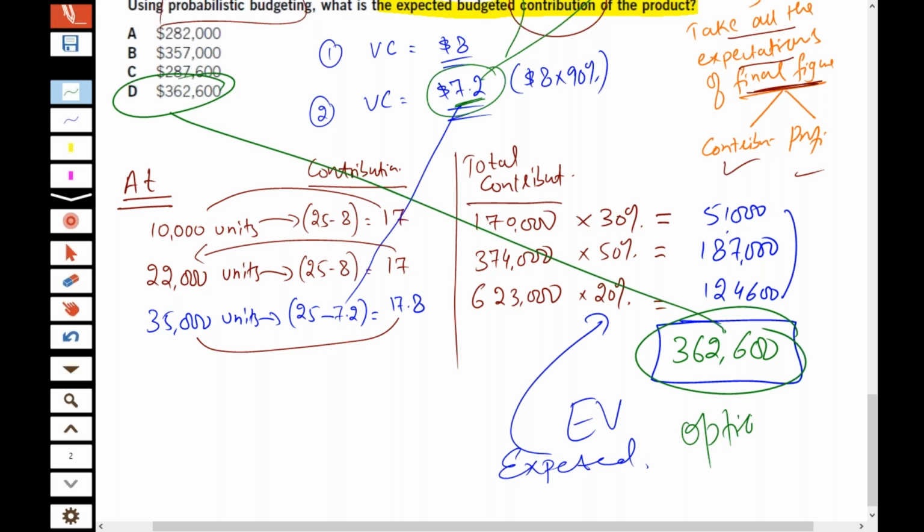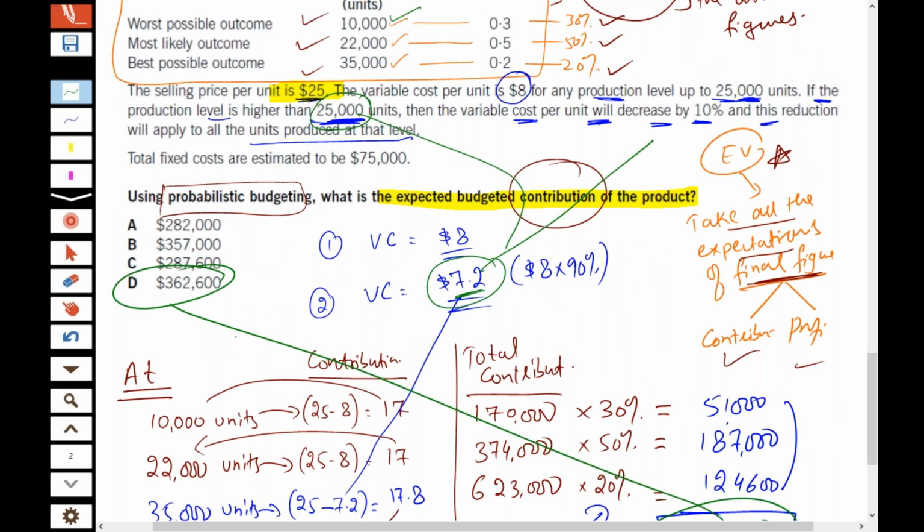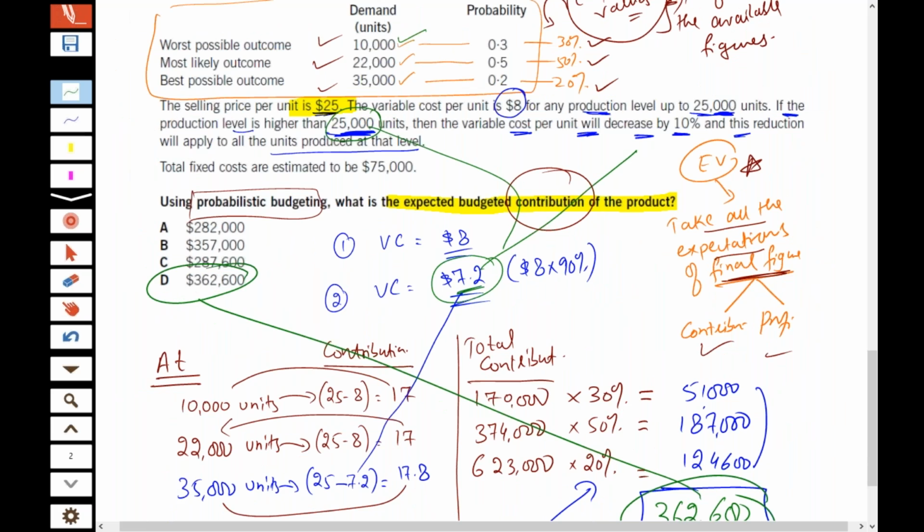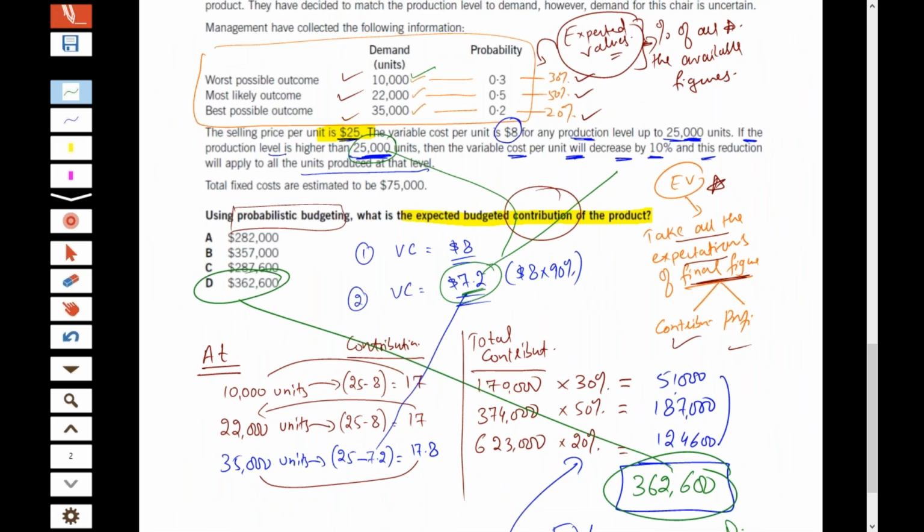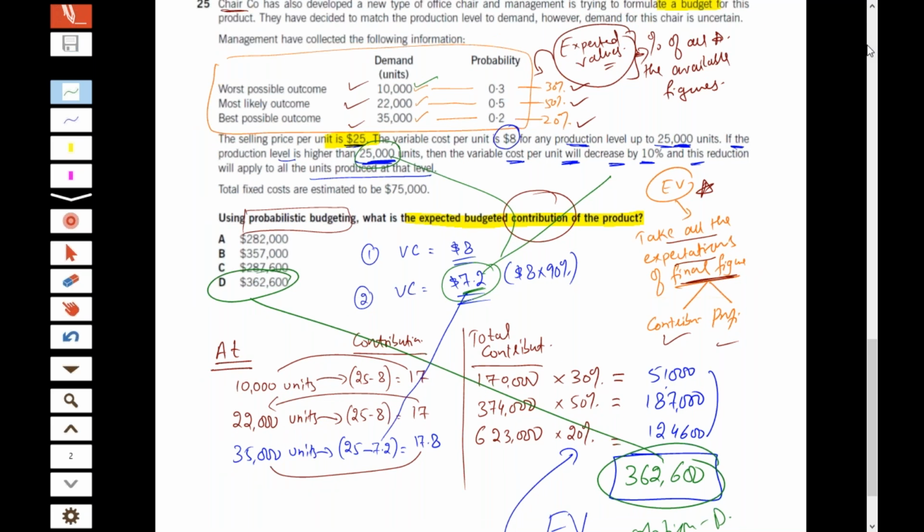Now listen to my theoretical words. Expected value means you need to incorporate all your expectations. We will not be required to deduct the fixed cost. Why? Because the question asks for the expected contribution. Now this is the total contribution figure. I'm repeating once again: this is known as probabilistic budgeting.